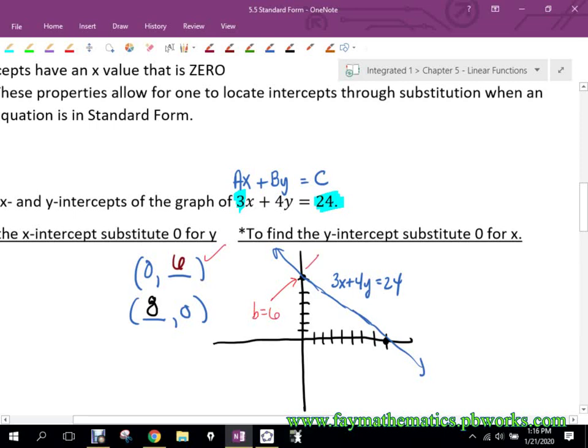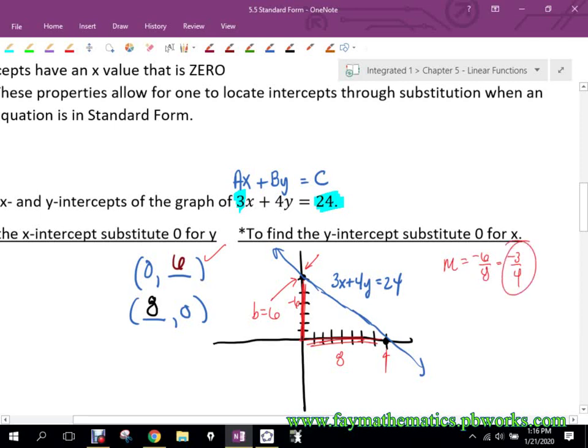But now if I go from that point right there to that point right there, how many do I have to go down? Down 6. And how many do I have to go over? 8. Okay? So down 6 over 8, that's my slope, right? M would be down 6 over 8, which reduces to negative 3/4, right?